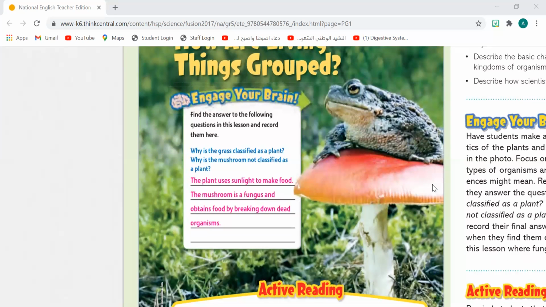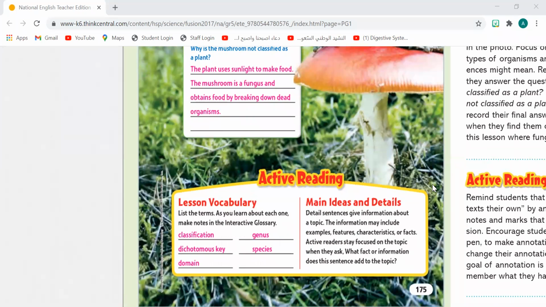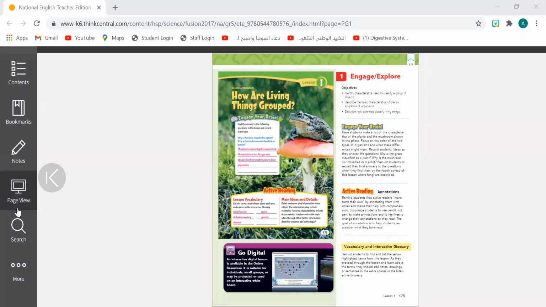Today we are going to learn about them more and more. In this lesson, we are going to learn the words classification, genus, species, domain, and dichotomous key.